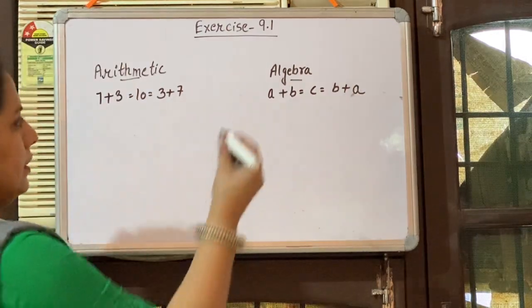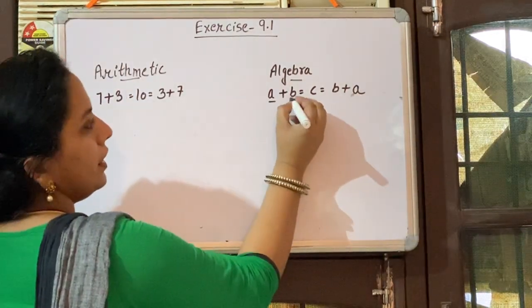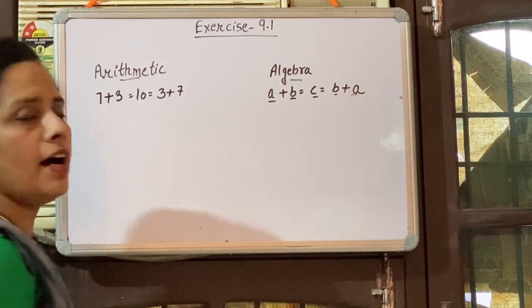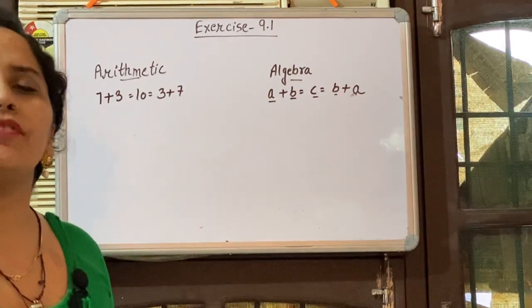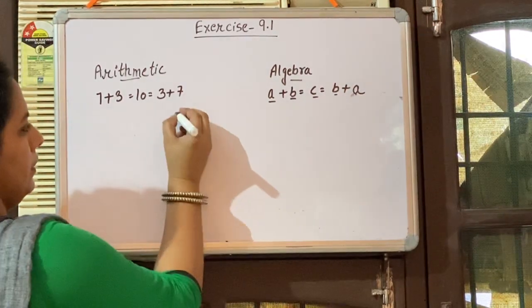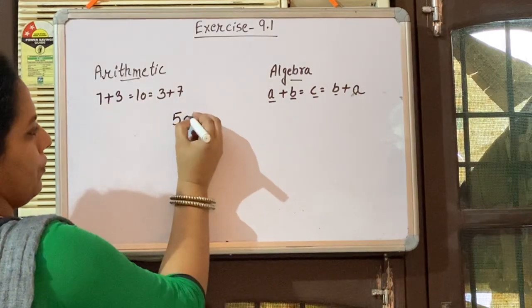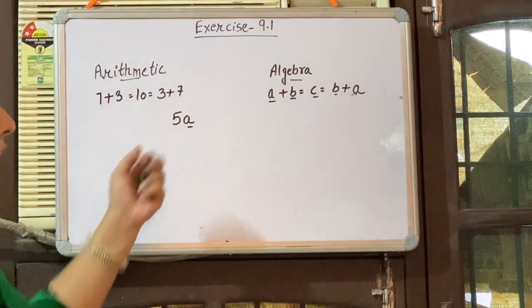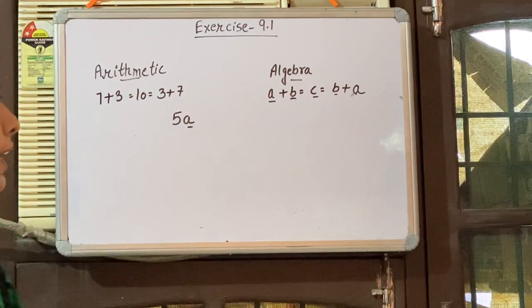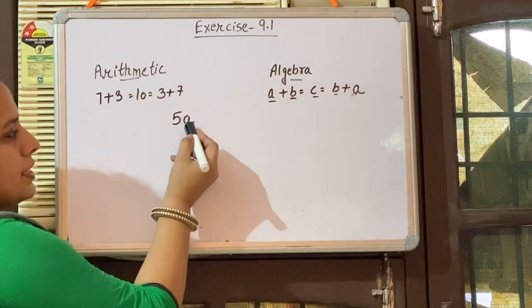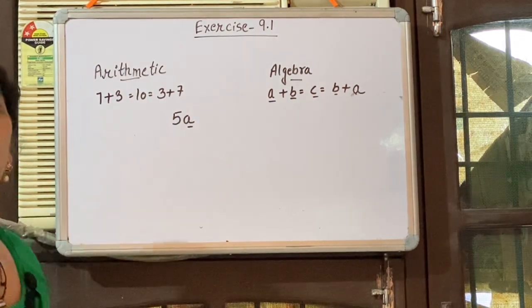Next, these letters are called in algebra a variable. For example, 5a. In this, a is a variable and a number in front of this variable is called a coefficient.